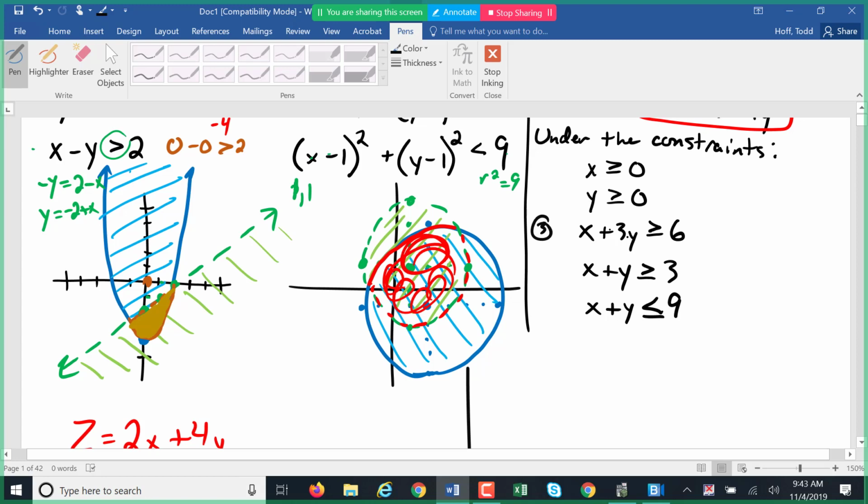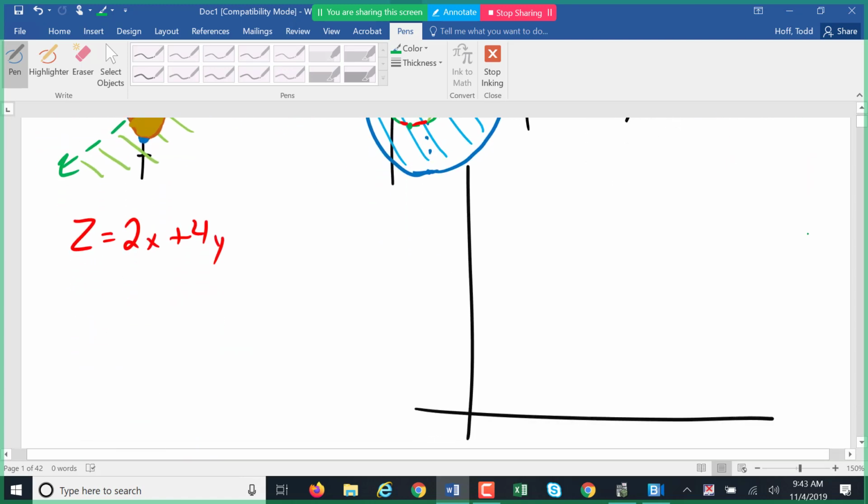I could solve that for y, which gives me y is greater than or equal to 2 minus 1/3 x. At this point, I'm going to trust that you can solve that for y. So this starts at positive 2, goes down 1 over 3, down 1 over 3.